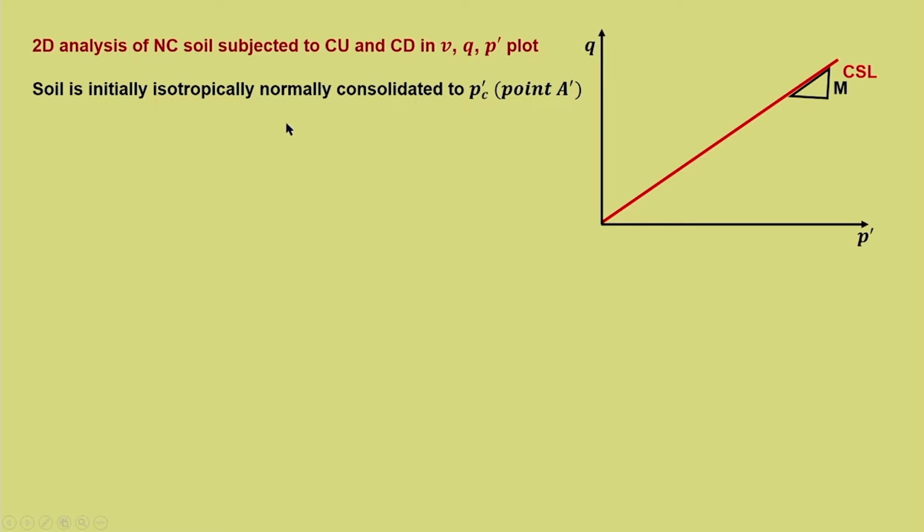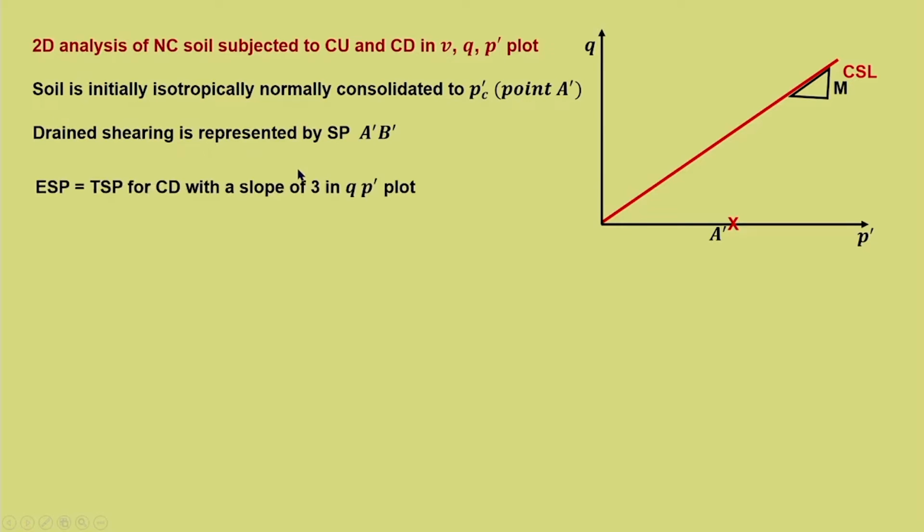Soil is initially isotropically normally consolidated to P'(C). It simply means that ICL, that is the isotropic consolidation line, is the same as the normal consolidation line, and it is consolidated to point A dash, where the effective mean stress is P'(C). So, this is the point A.